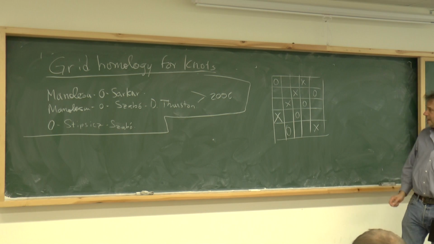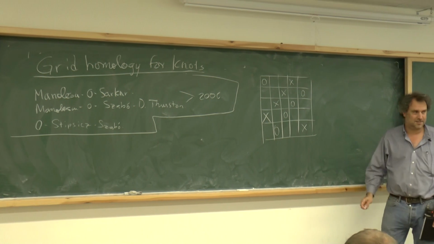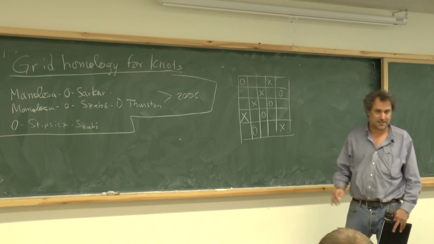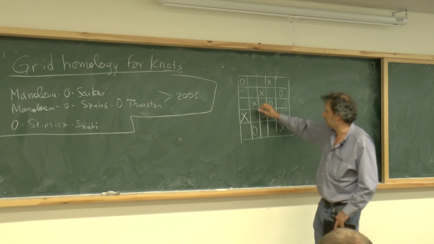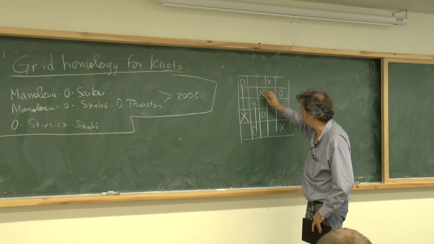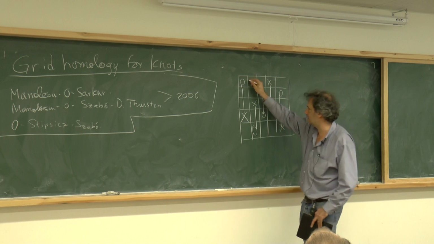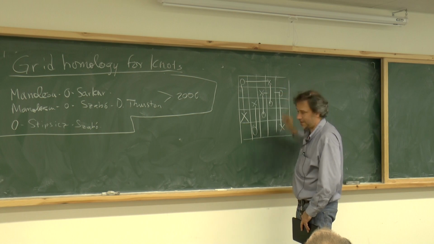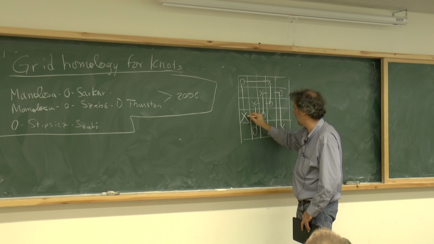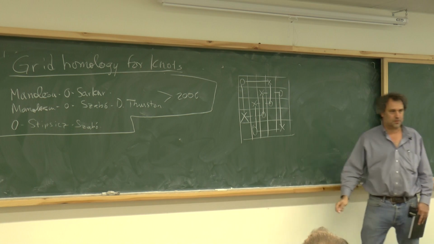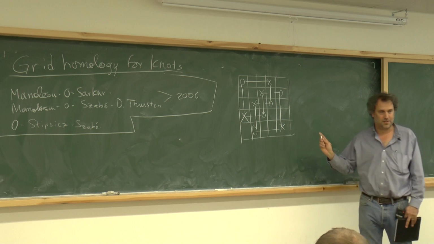And the statement is that this representation gives rise to an oriented link. And the oriented link is represented as follows. You connect the O's and the X's vertically by a segment, and then you connect them horizontally also by segments, but with the understanding that the vertical segments are overcrossings and the horizontal ones are undercrossings.